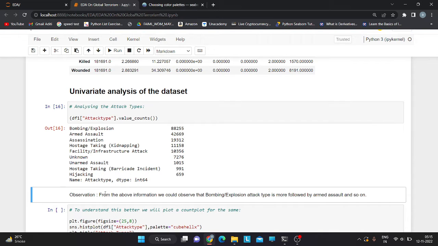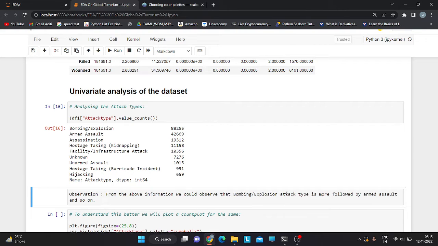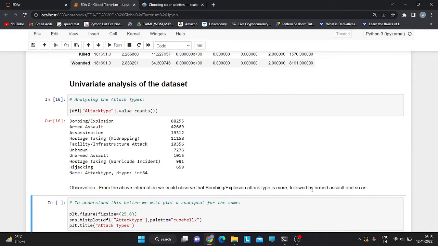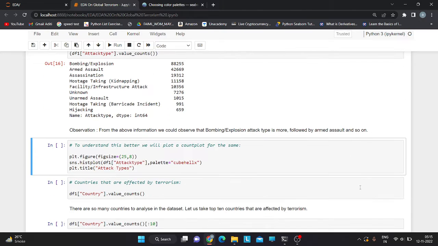So here I have observed, from the above information, that the bombing explosion attack type is more, followed by armed assault, and so on.